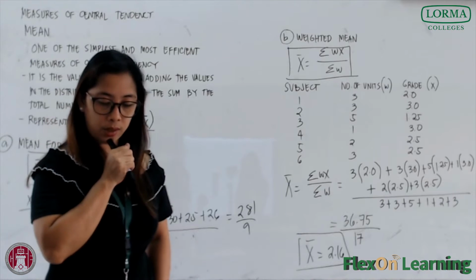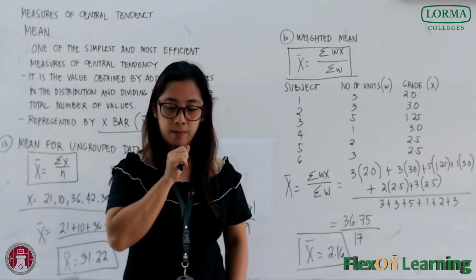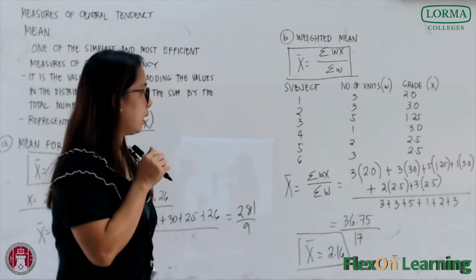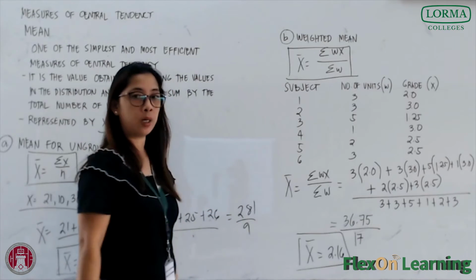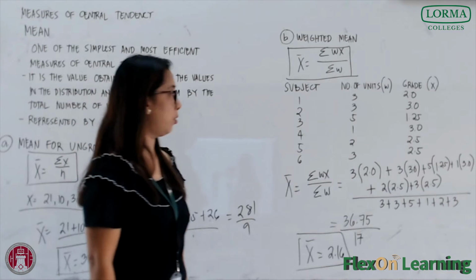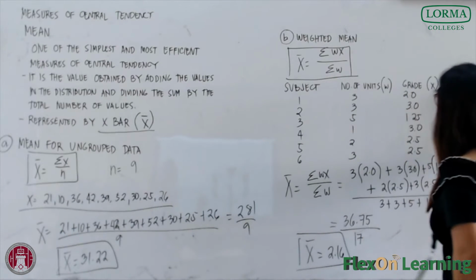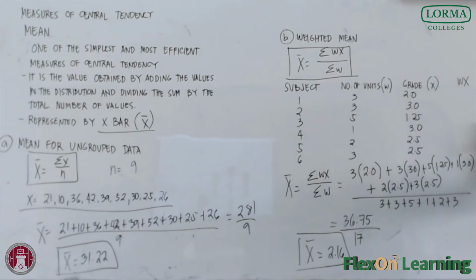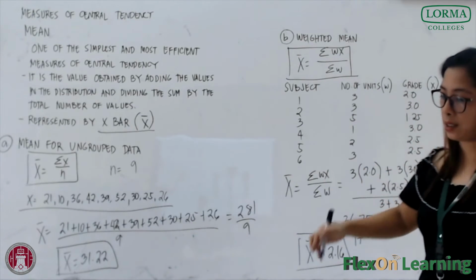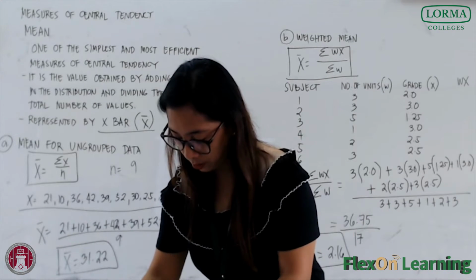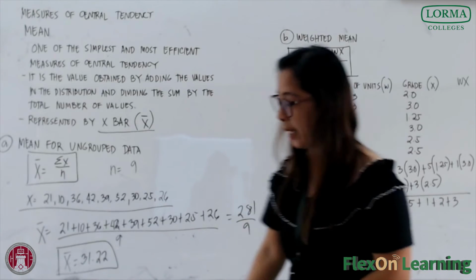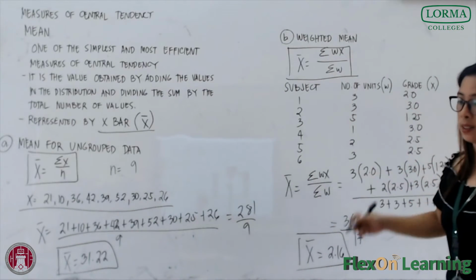Now there is also another way of getting our weighted mean. This is the other way, but you can also get your WX here and then just get the summation. For example, you have to get WX. We multiply 3 times 2, so we have 6.0.